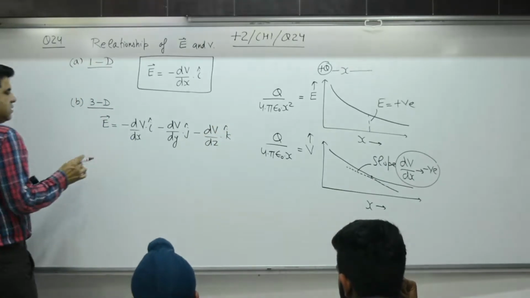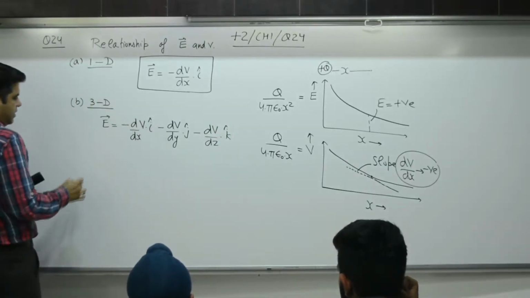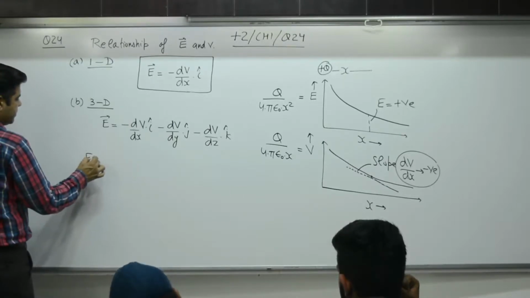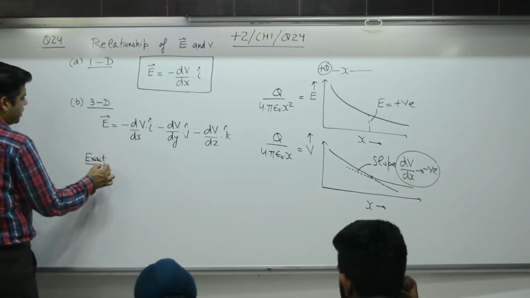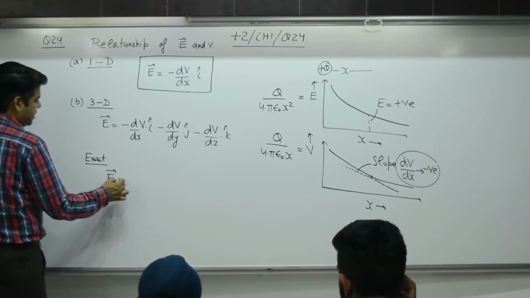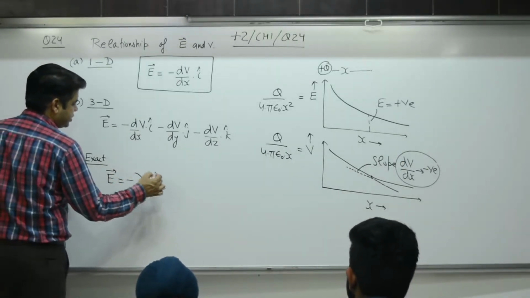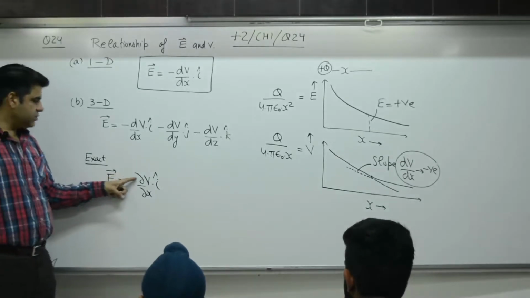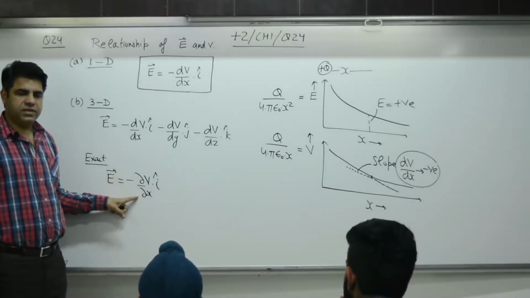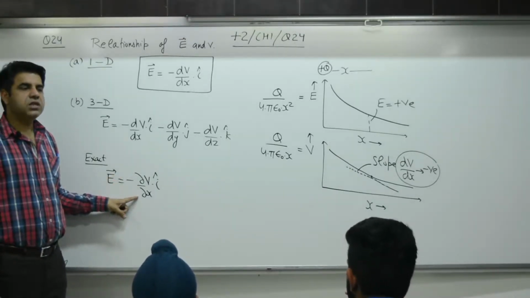This is the format you understand. The exact format is E is equal to minus del of V, which means differentiation; in higher classes you write the curly del, which means partial differentiation.